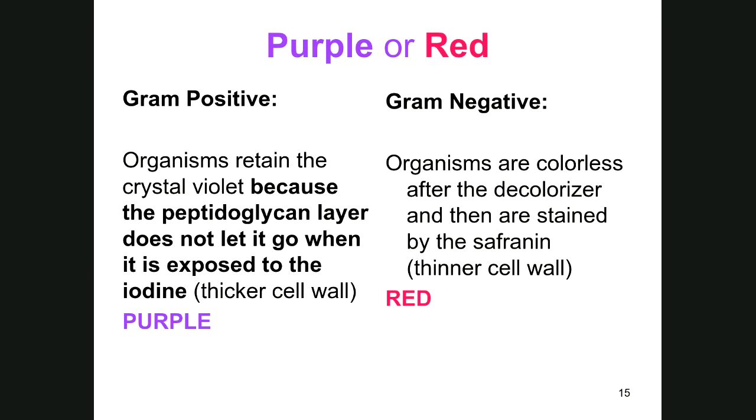It does not let it go, and it's due to the peptidoglycan layer. Gram-negative has a thinner cell wall, gets the purple stain on there, but then with the decolorizer, it's released. It's gone, okay? And then you stain it with the counter stain of the safranin on that thinner cell wall.